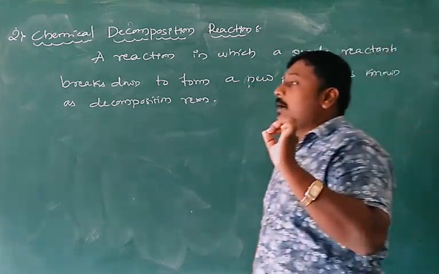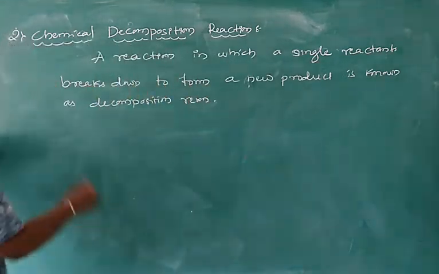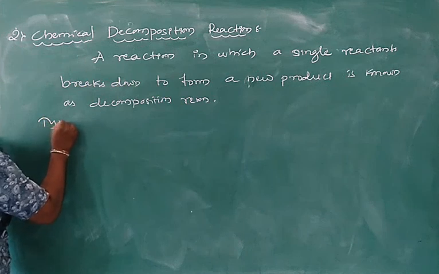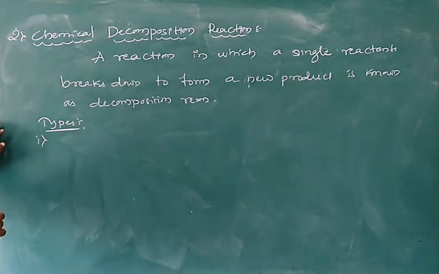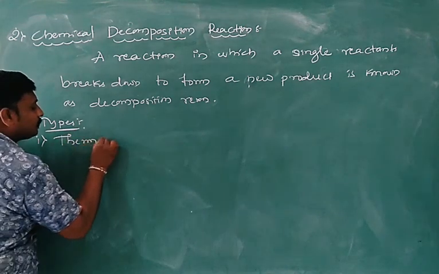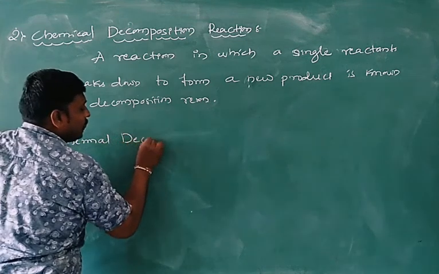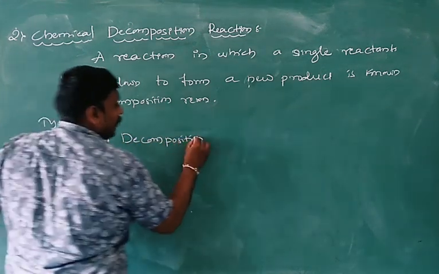In a decomposition reaction, there are totally 3 types. How many types? 3 types. The first type of decomposition reaction is thermal decomposition reaction.